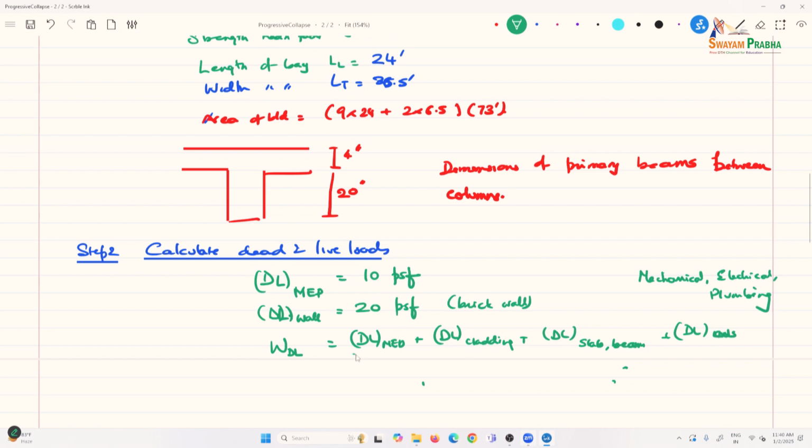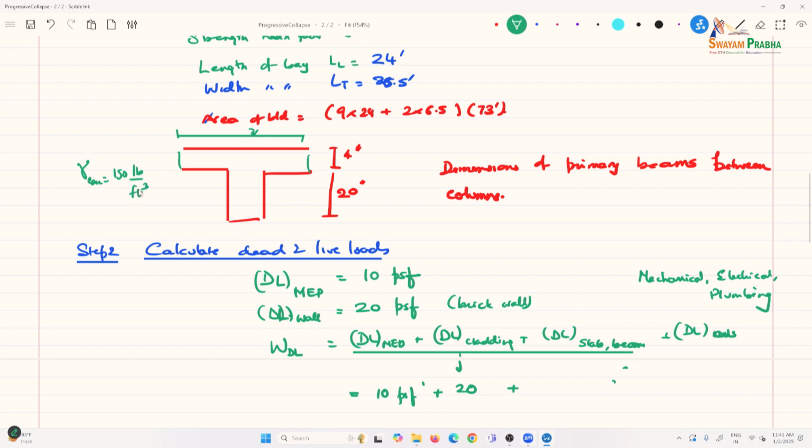Now, here we will consider these three. The MEP is 10, the cladding is 20, and I have not shown the calculations here, but for the slab and the beam, if you take center to center of 4 feet or 3 feet and take the area, multiply. The density of concrete we consider 145 to 150.